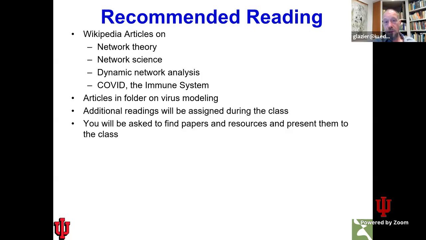If you want to learn about stability analysis and parameter identification, Wikipedia has very good articles. Depending on your biological background, reading about viruses and how viruses replicate on Wikipedia is not a bad idea. Reading about how the immune system works is not a bad idea. Reading about how epidemiology models work is not a bad idea.